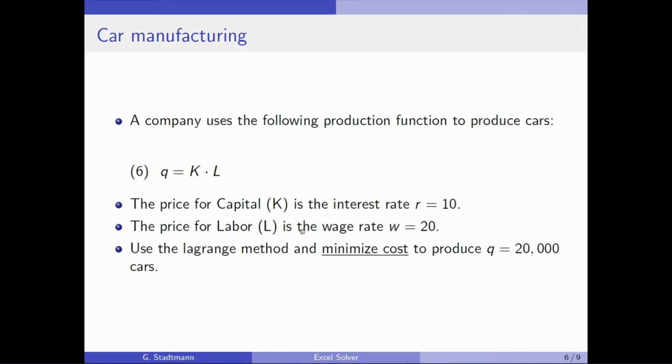The price for labor is the wage rate, and the wage rate is equal to 20. Now the assignment question is, use the Lagrange method and minimize cost to produce 20,000 cars. So here the side constraint is that we should produce 20,000 cars, but we should optimize cost, we should minimize cost.